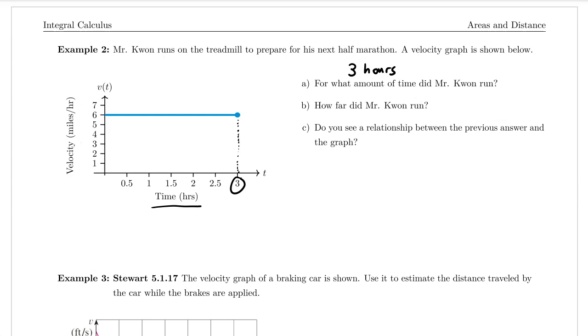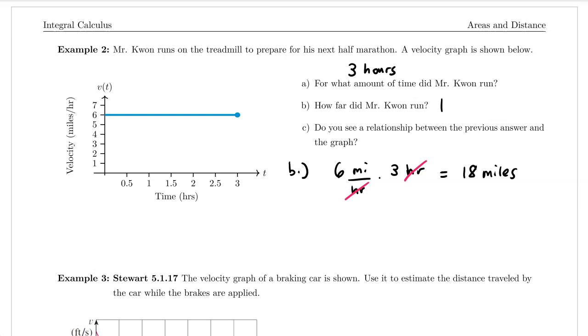So if I am running at a constant velocity of 6 miles per hour and I ran for 3 hours, for part B, I could take my velocity, 6 miles per hour, and multiply that by 3 hours. And what happens is the hours in the numerator and the hours in the denominator will divide out. And then 6 times 3 is 18. And then the units on this is going to be miles. So for part B, we have 18 miles.